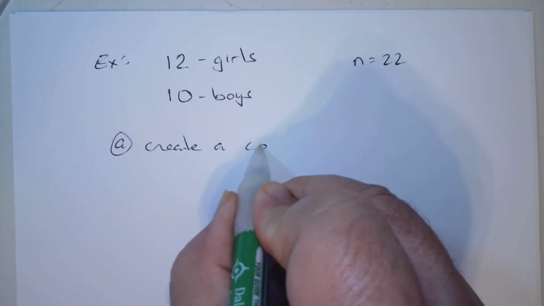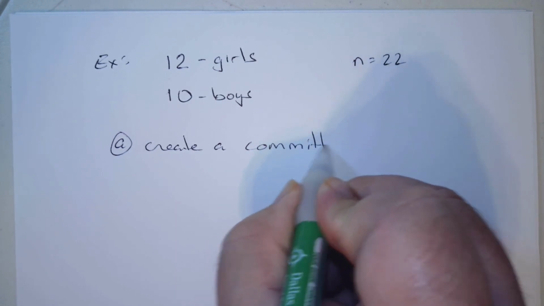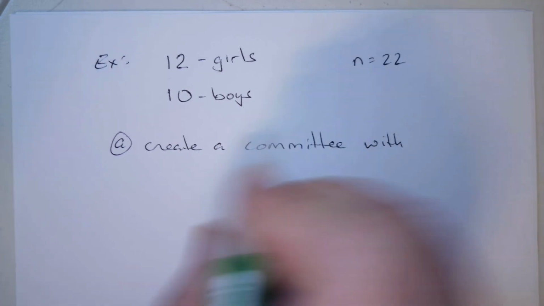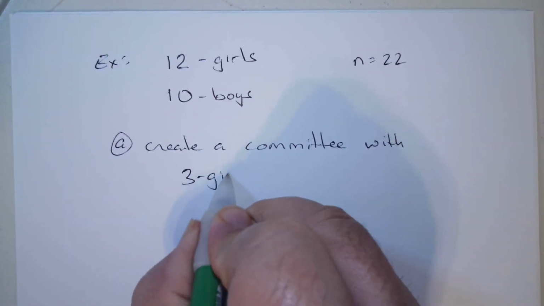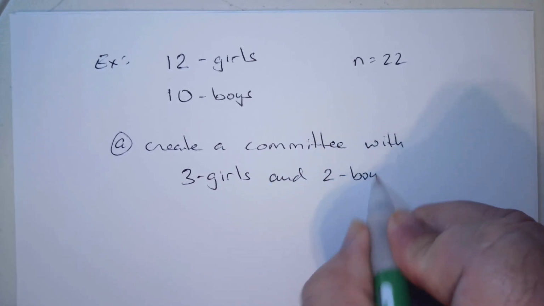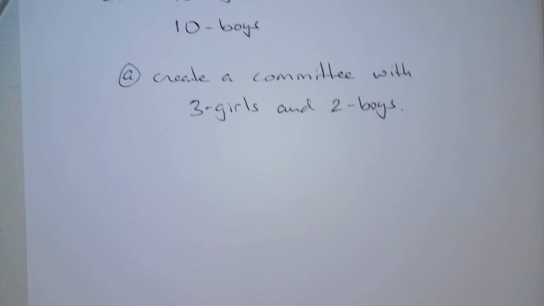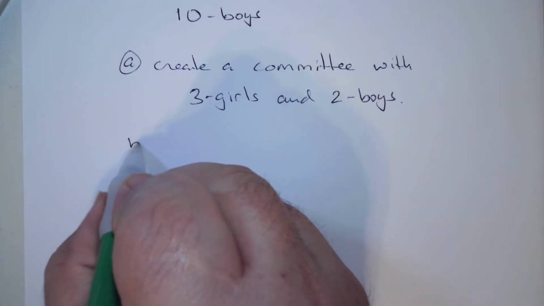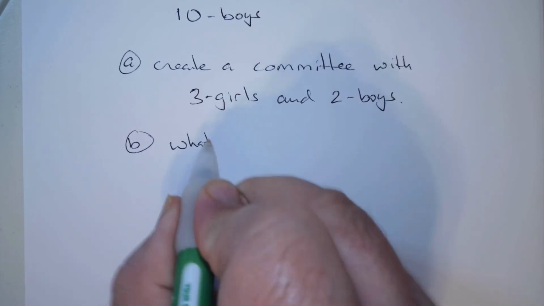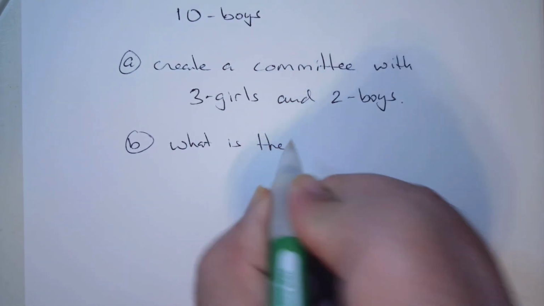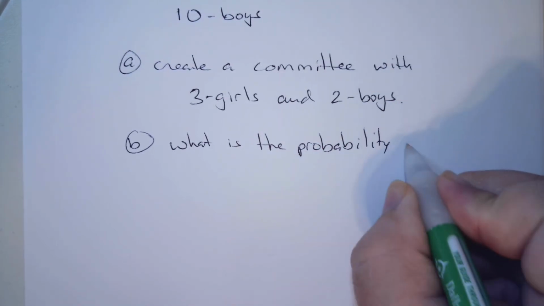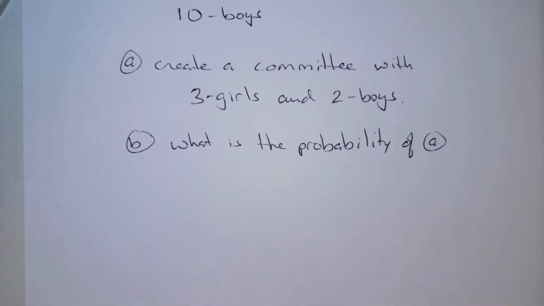Create a committee with 3 girls and 2 boys. What is the probability of A happening?